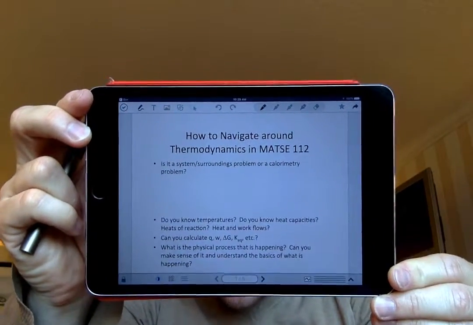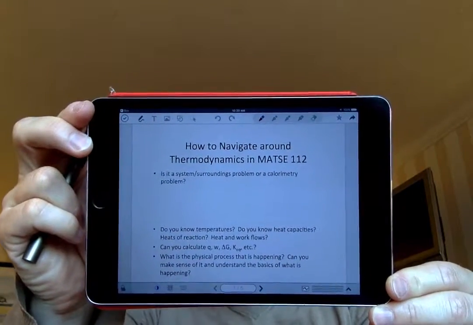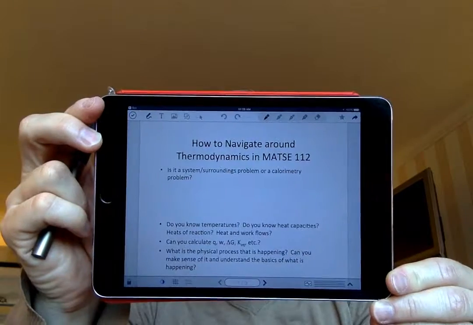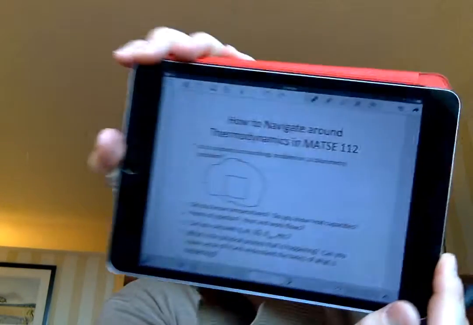First of all, you need to figure out whether this is a calorimetry problem or a systems and surroundings problem, and how to draw that diagram. You'll have problems of both types, and this diagram is really helpful for showing heat and work exchanged between the system and the surroundings.